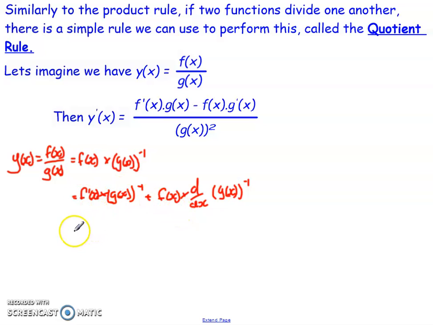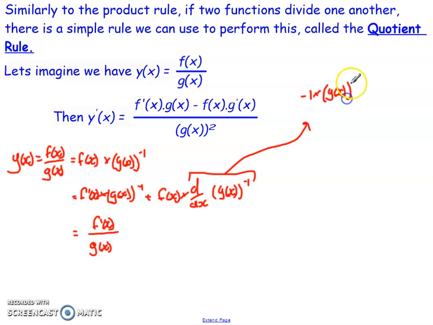Now this part here, I'm going to change to f dashed x over g of x. Let's get rid of the negative power to begin with. And this bit here, I'm going to look at calculating d by dx. Now in order to do that, I can use the chain rule. So to calculate d by dx of g of x to the negative 1, what I end up getting is negative 1 times g of x all to the negative 2.